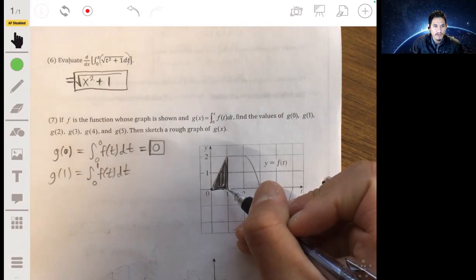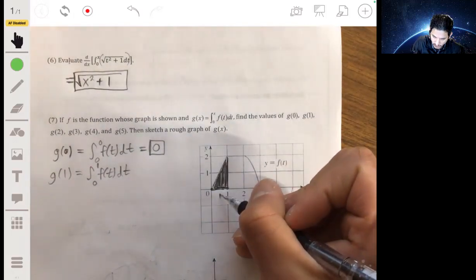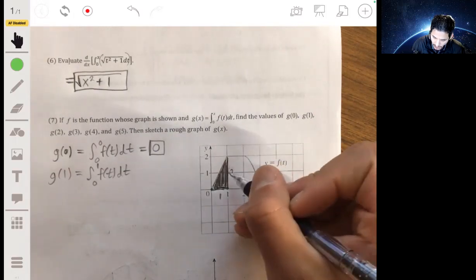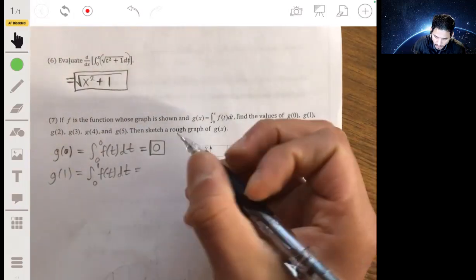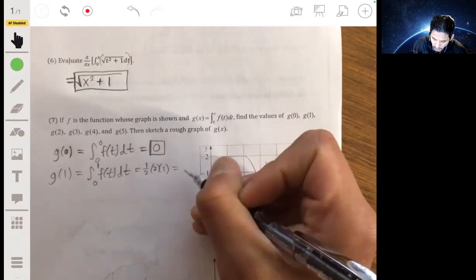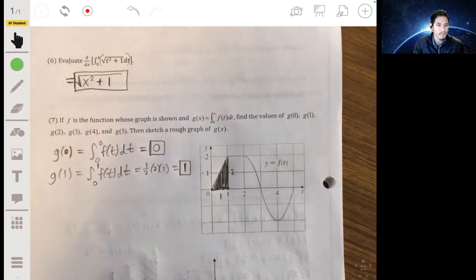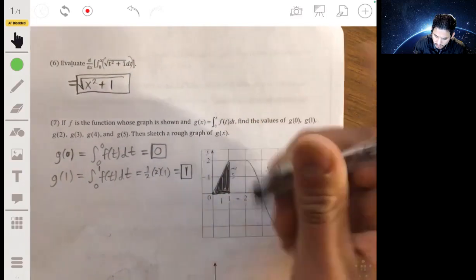The area of this triangle is just going to be 1/2 base times height. The base is 1. The height is 2. So 1/2 times 2 times 1, or just equal to 1. So g of 1 will be equal to 1.